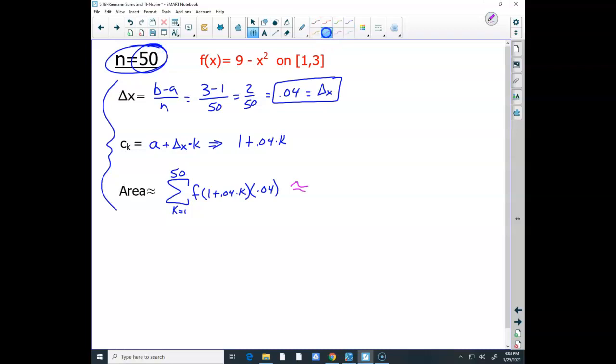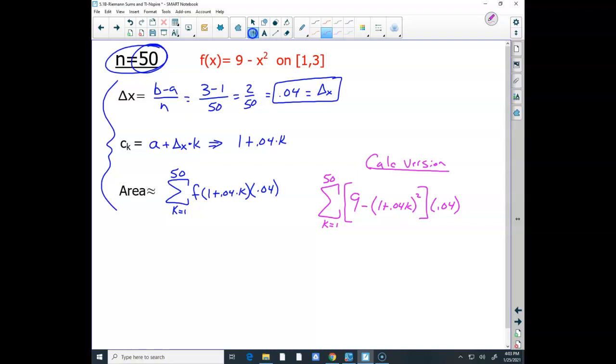Calculus version, I'm not even going to say approximately because it's not approximately equal to. The calc version is going to look like the sum from k equals 1 to 50 of 9 minus my c sub k in for all my x's, 1 plus 0.04 k, it's going to get squared, times my delta x of 0.04, okay?